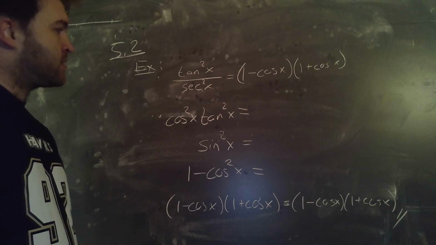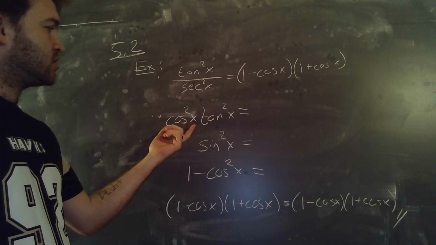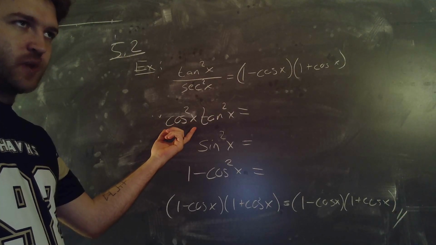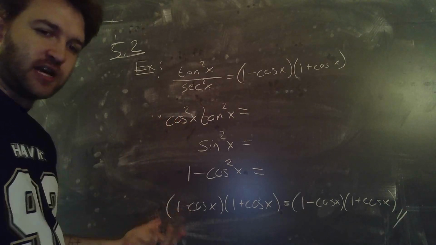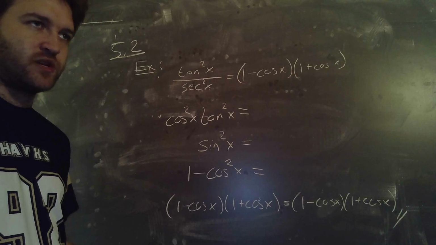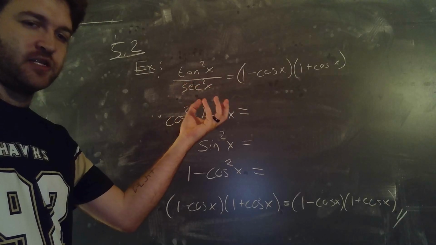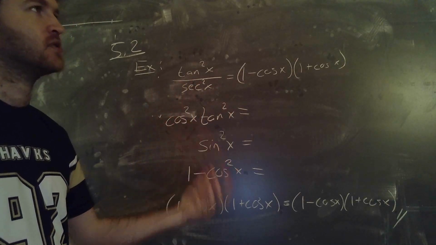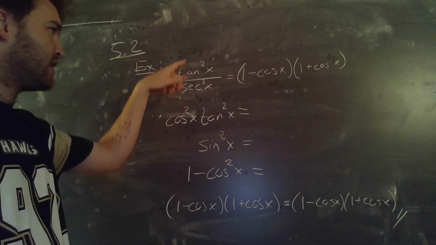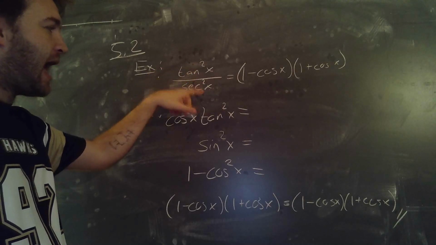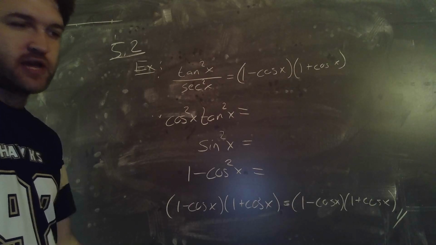hexagon. Another thing that we should be noticing here is that when we're dealing with squares, like cosine squared, it's basically just two cosines times each other. So if I wanted to rewrite it as a reciprocal identity, it'll be two secants times each other on the bottom, so you get secant squared. In other words, we can apply the identities for product and quotient even if it's squared, as long as the number of cosines and the number of tangents are equal to each other.